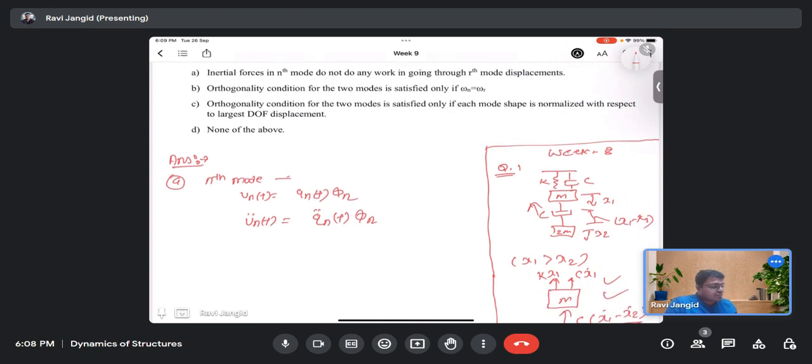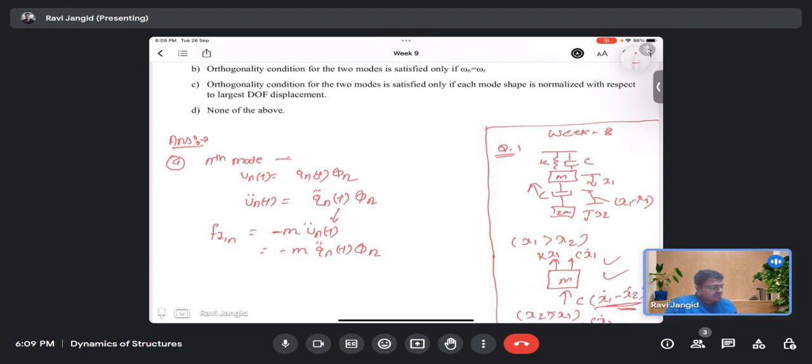So what will the inertial force be? The inertial force in the nth mode, f I n, would be minus m times u double dot n of t. If I put this value in, that will be minus m q n double dot of t phi n. That is my force.